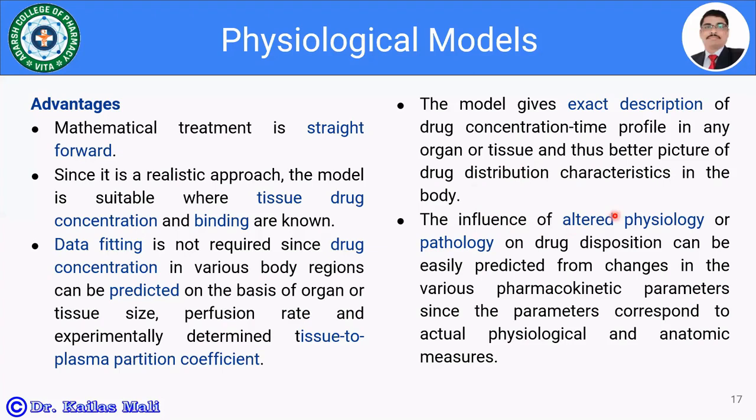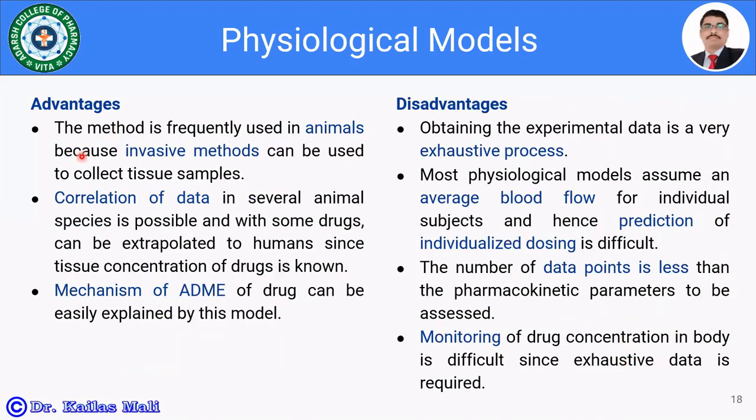The influence of altered physiology or pathology on disposition can be easily predicted from changes in the various pharmacokinetic parameters, since the parameters correspond to actual physiological and anatomic measures. The physiological models are frequently used in animals because invasive methods can be used to collect tissue samples.